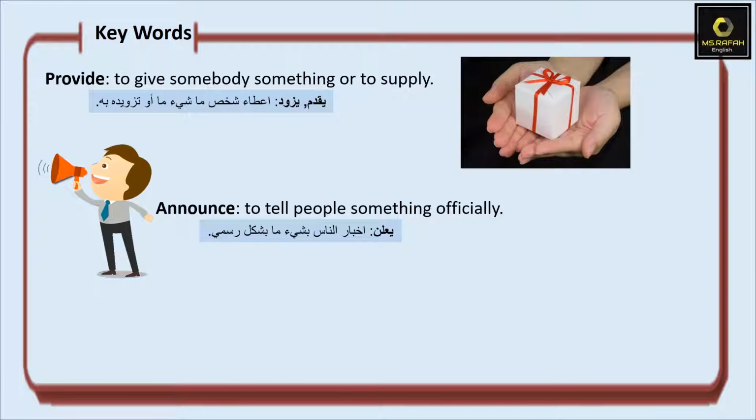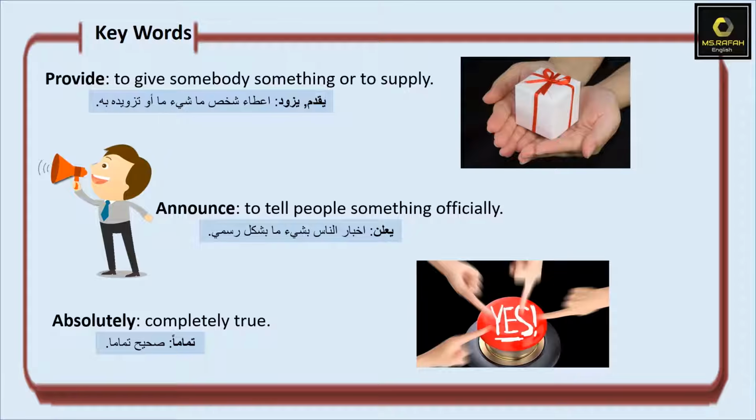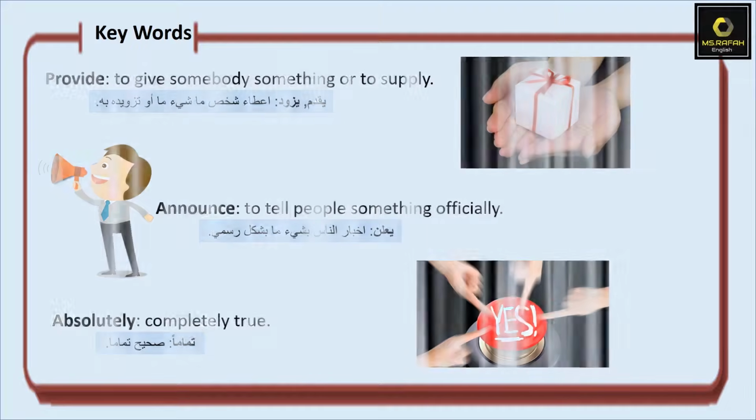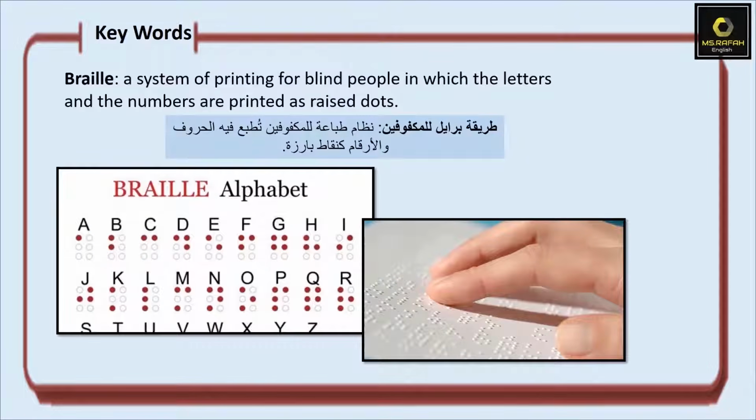Announce, to tell people something officially. Absolutely, completely true. Braille, a system of printing for blind people in which the letters and the numbers are printed as raised dots.